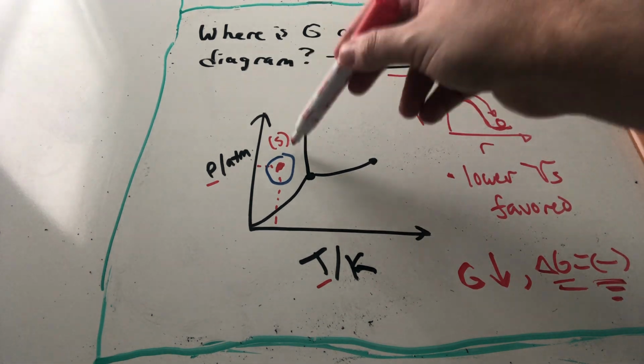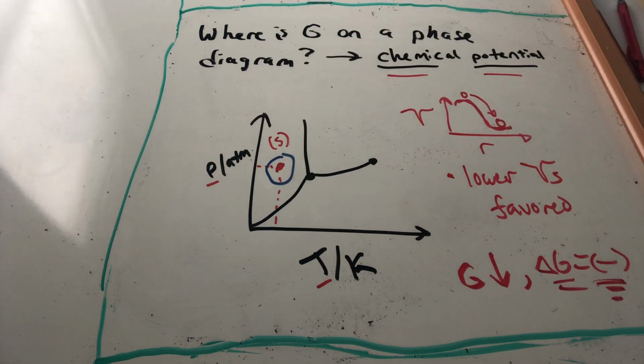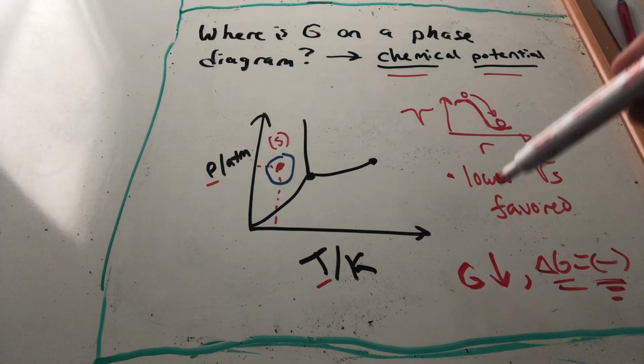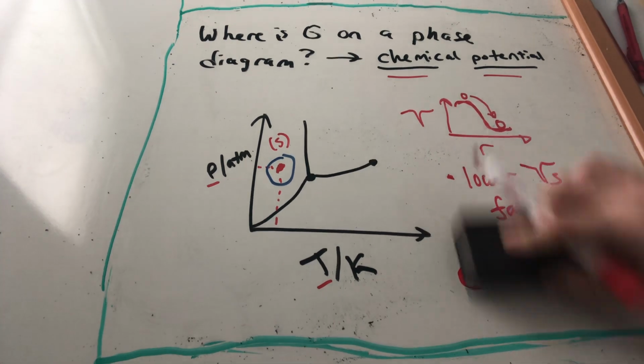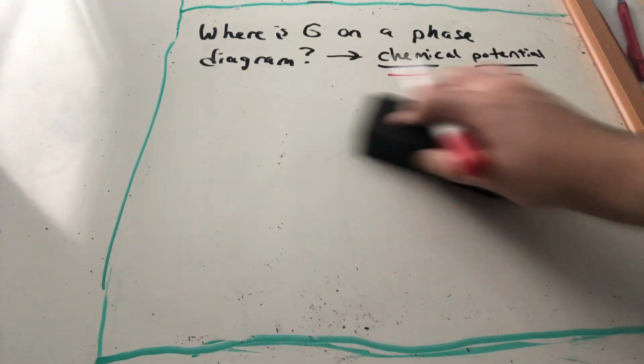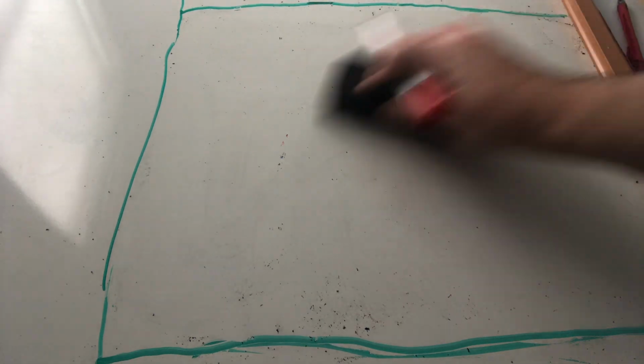The lowest chemical potential possible at that P and that T is for the solid state. So we're taking our second law ideas now and applying them to what we saw on our phase diagrams. So what is a chemical potential?